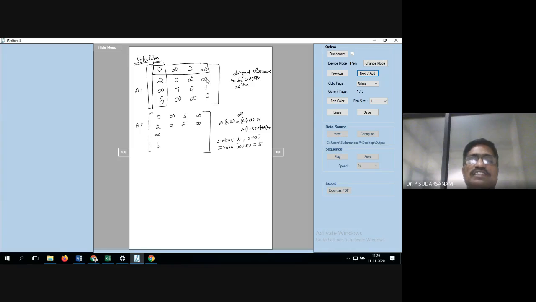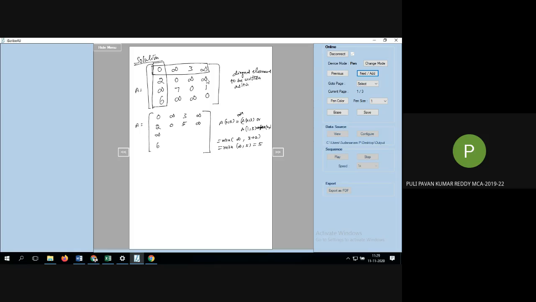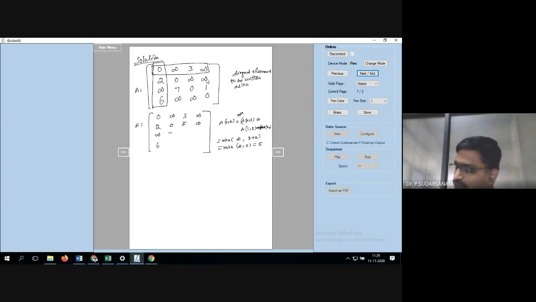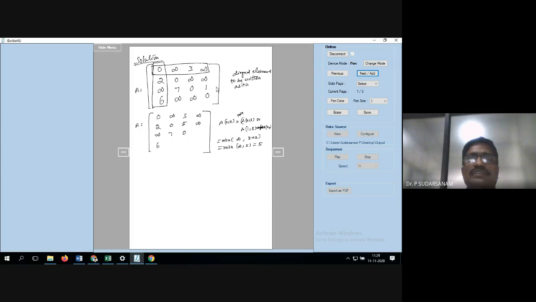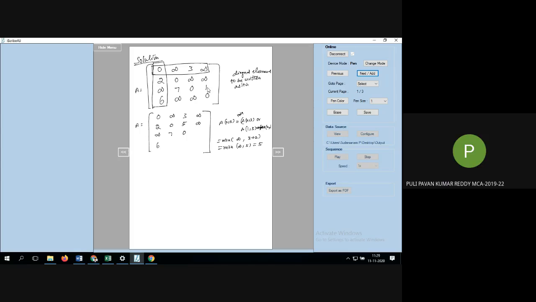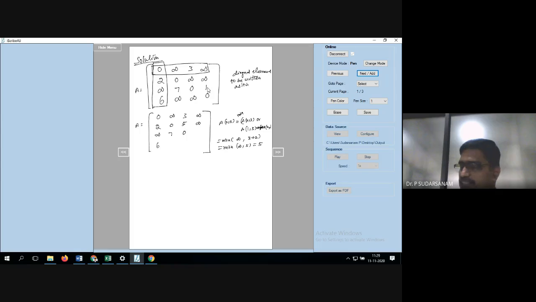Right. Now third row you tell me, sir. 7, sir. 7. So value is changing. This is diagonal element. We are not touching this. Next row. 0. 0 I have written. Next row. 1. 1, sir. Infinity plus infinity is there. How much? 1 only. Next row.